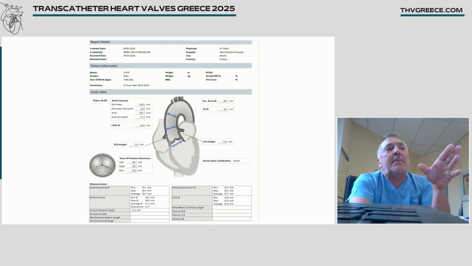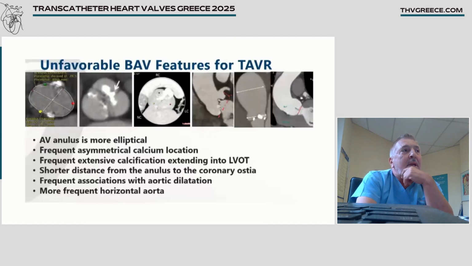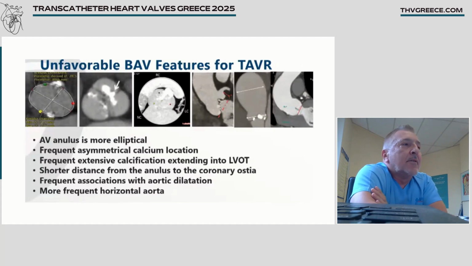This is the summary of what we have said. This is the situation: a young patient with bicuspid aortic valve, conus-shaped conformation.